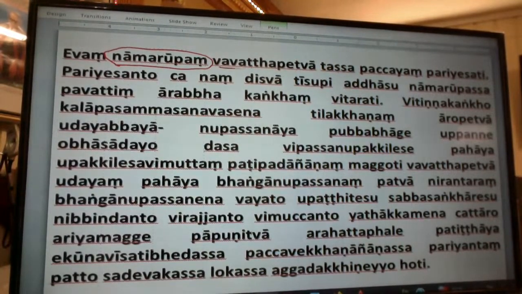Vavatthapetva, after analysis, tassa, of these nama and rupa, mentality and materiality, paccaya, the cause, pariyesati, one searches for. Search for the cause of namarupa. Because if people don't understand the cause of namarupa, they take a wrong cause.